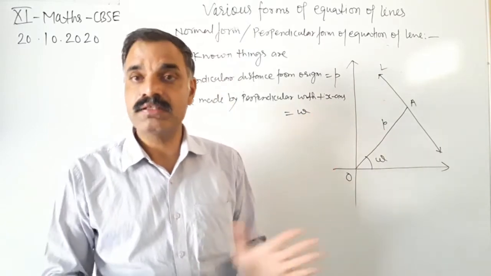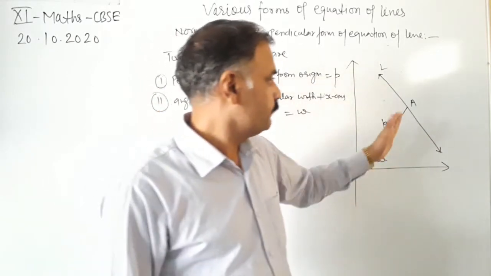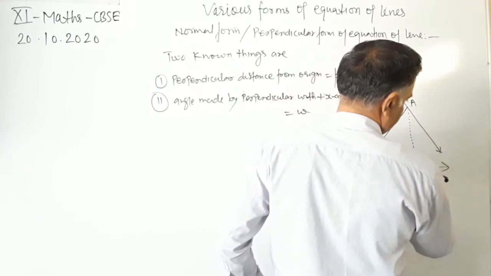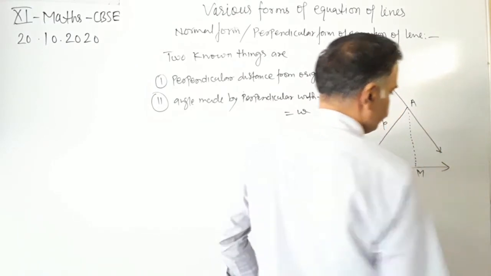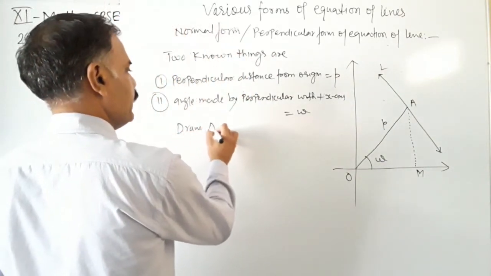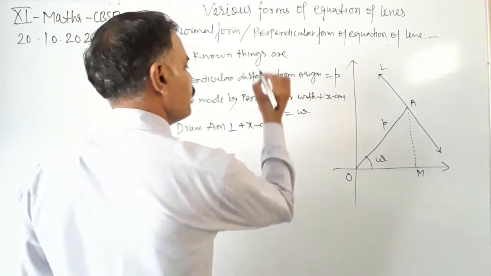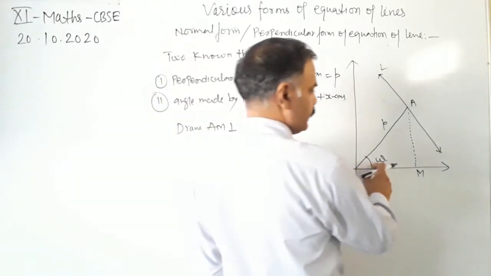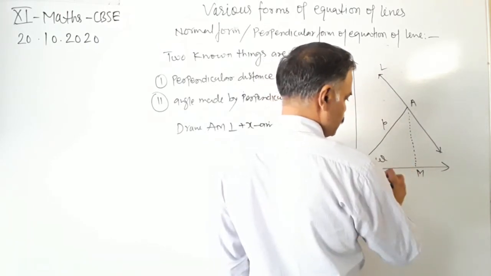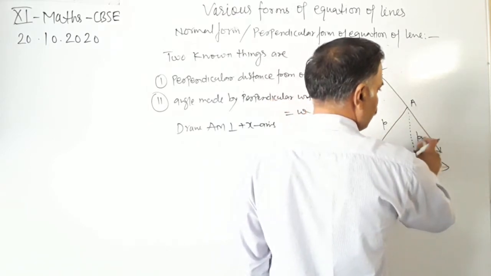After that we will find the slope of this line L. So draw the perpendicular AM on the positive x-axis, where M is the foot of the perpendicular. Now this angle is omega and this distance is P. This is the base, so OM equals P cos omega, and this is the perpendicular, so AM equals P sin omega.